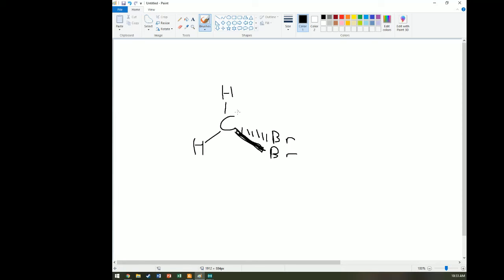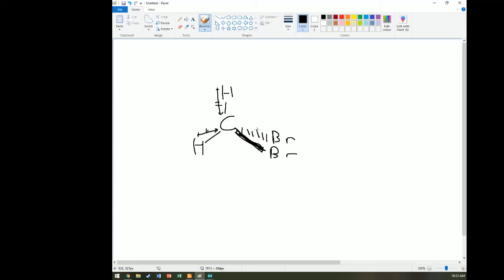And then the way I like to do it is I like to treat them like vectors. So carbon has a higher electronegativity, so the bond dipole moment would go like that. And then similarly it would go like that. Just remember that those are equal.